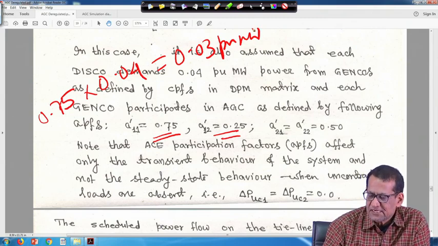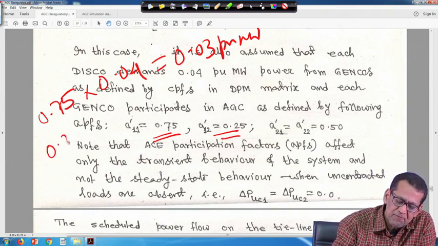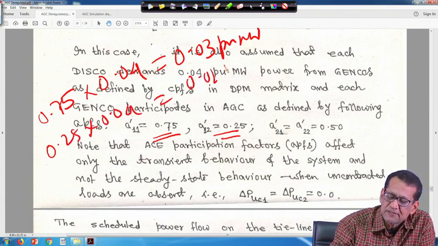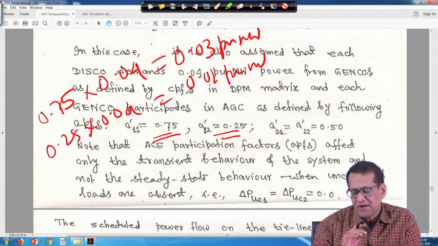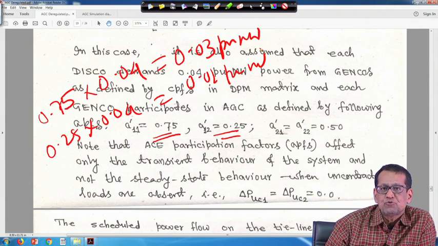Similarly, for GENCO 2, that is 0.25 into 0.04, so that is 0.01 per unit megawatt, apart from generating the contracted power, that is in case 2.